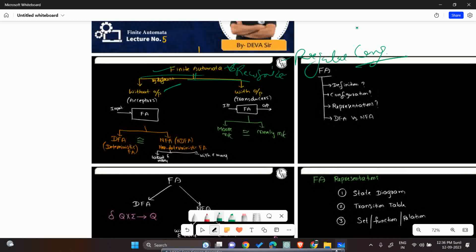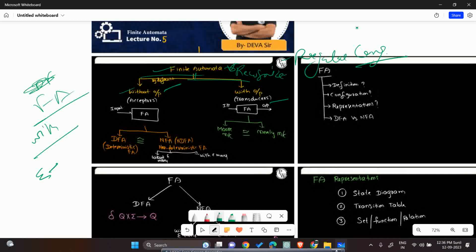By default, it is without output. If we say finite automata by default, it will be without output finite automata. If we mention specifically, explicitly, that it is not without output, it is with output, then we jump into transducers, right?